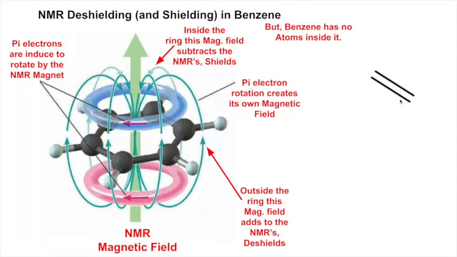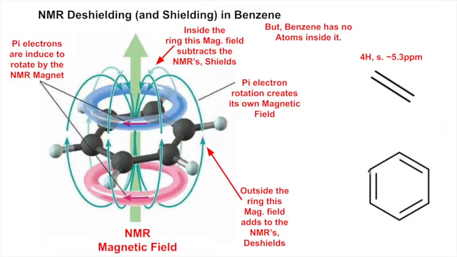But let's compare now a regular alkene here. Where do its hydrogens show up in a proton NMR? About 5 to 6. Yeah, this would be a 4-hydrogen singlet, about 5.3 parts per million. Benzene would have a 6-hydrogen singlet, and it shows up at about 7.3 parts per million. And why did it show up more downfield than the regular alkene?